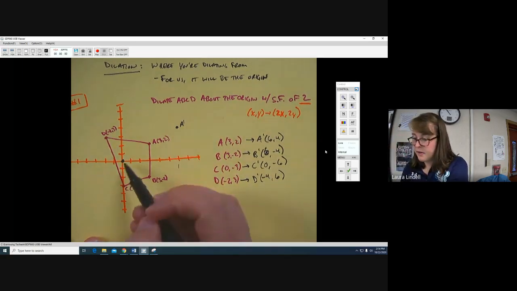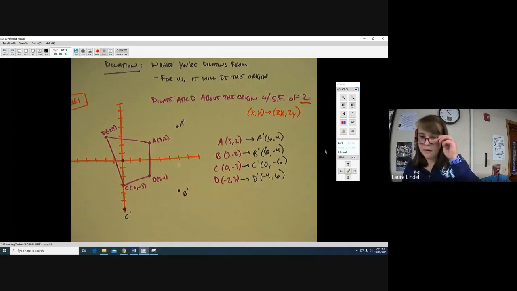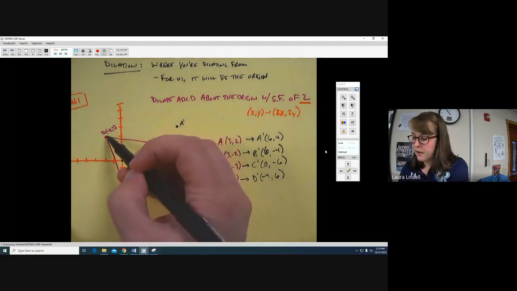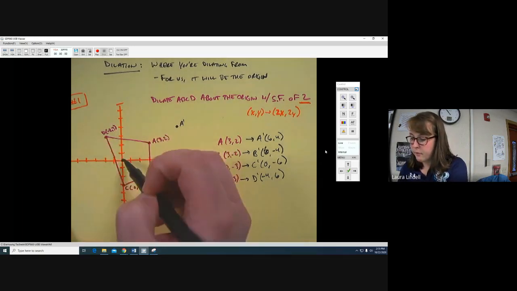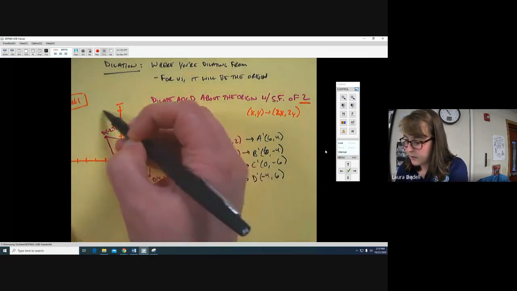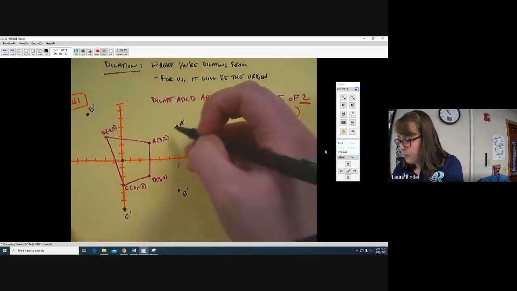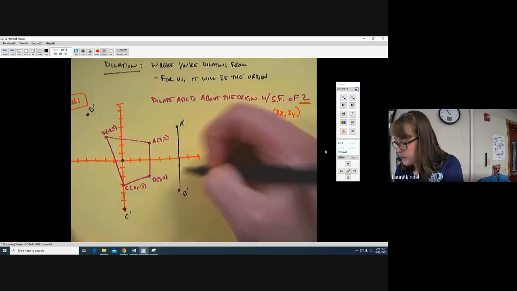For C prime, instead of just down 3, it's going to be down 6. And for D prime, instead of over 2 up 3, it'll be over 4 up 6. And then we would connect the dots.